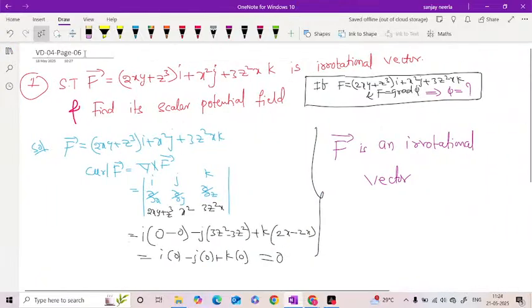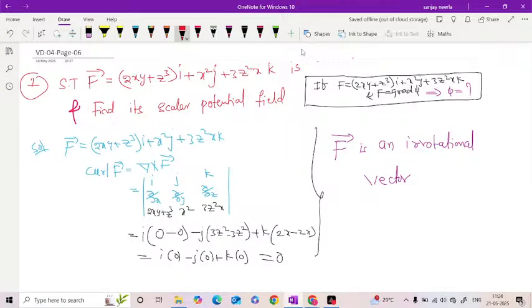Now here I am modifying this question. So in place of irrotational vector, here I am writing, the question is: show that this vector F is a conservative field.